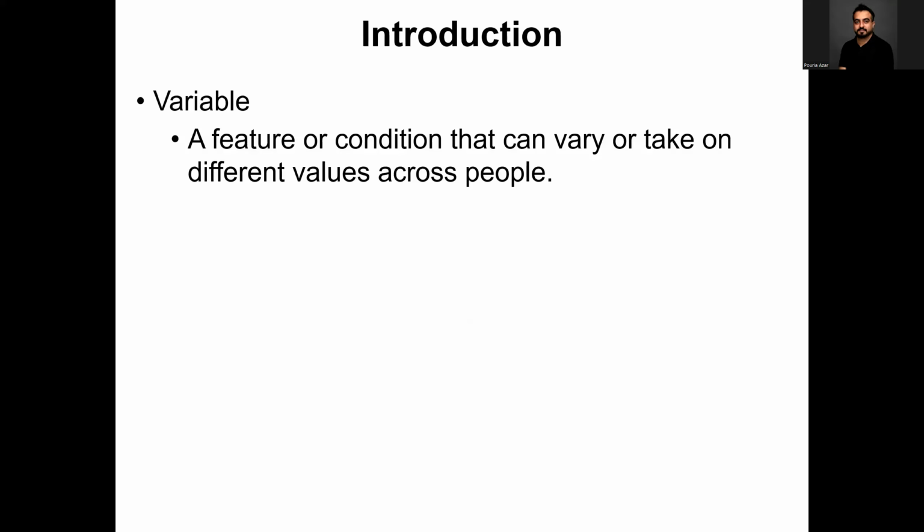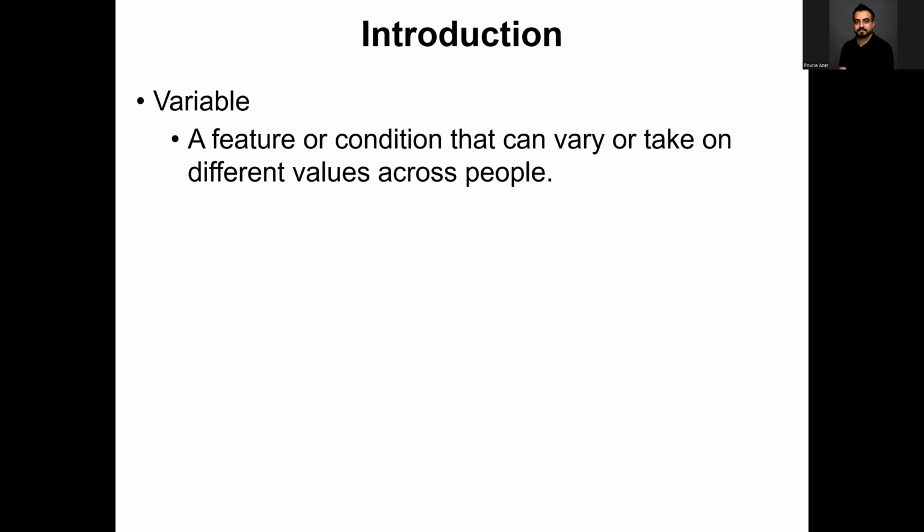A variable is a feature or condition that can vary or take on different values across people. For example, body weight, height, age, fasting blood glucose level, cholesterol level, or other lipid profile level. Those are all variables because they can vary across people.